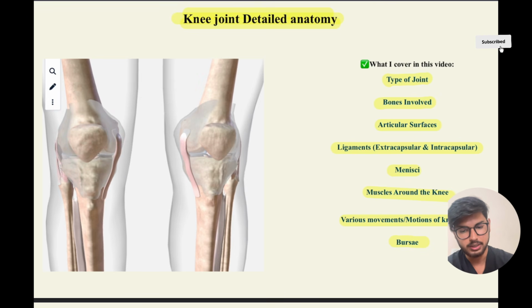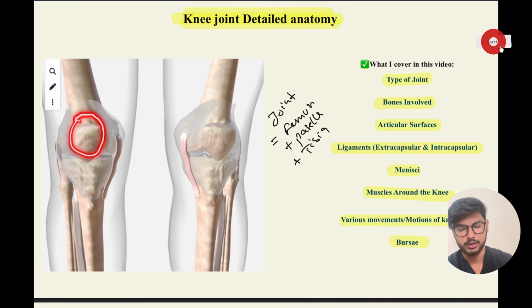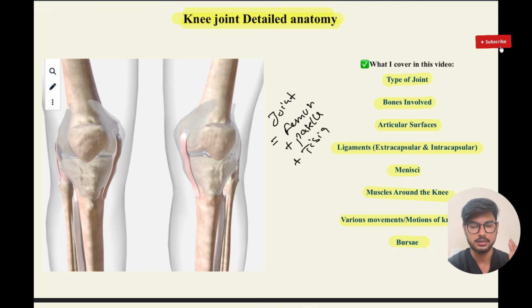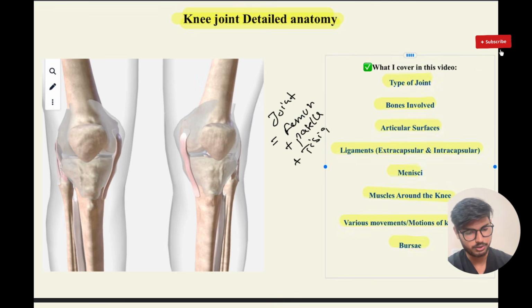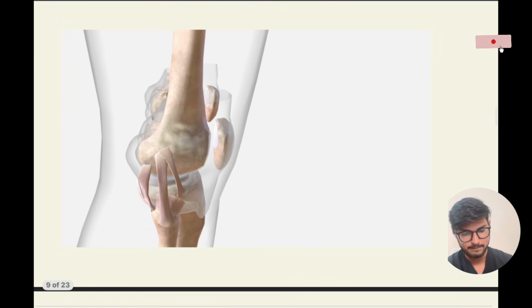Again, the joint is formed by the femur, patella, and tibia. Here we have the patellofemoral joint, which is between the patella and the distal femur. Let me show it to you here.